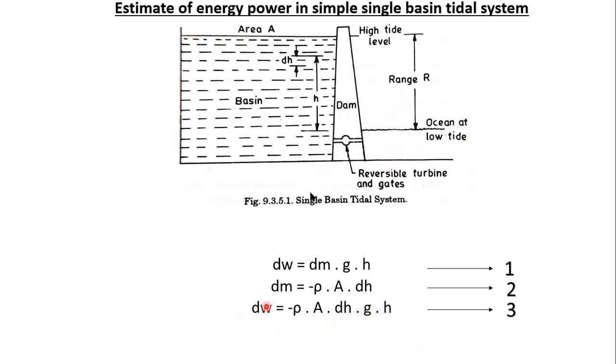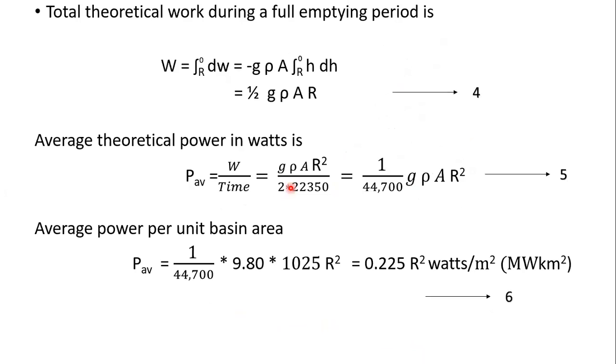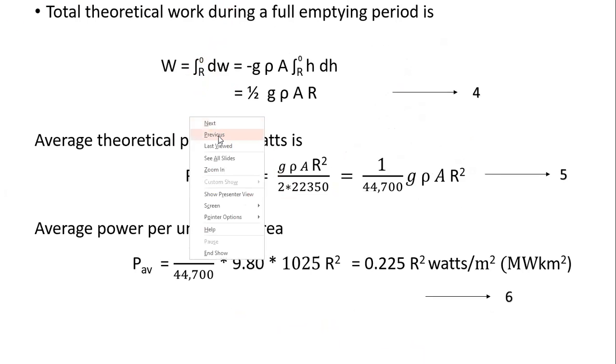Okay, so from this, the total theoretical work during a full emptying, or we can take full filling also. So while filling and while emptying, the theoretical work done is obtained by integrating the third equation, the W equation here.